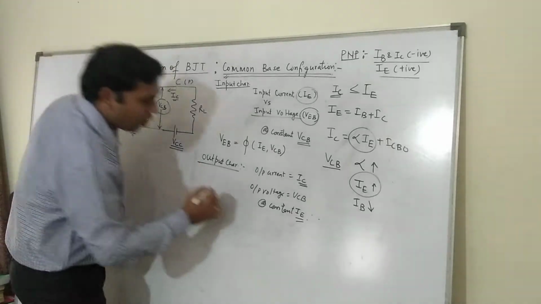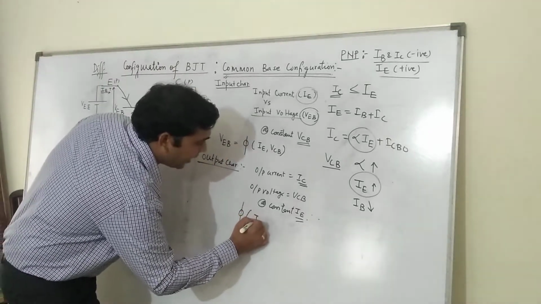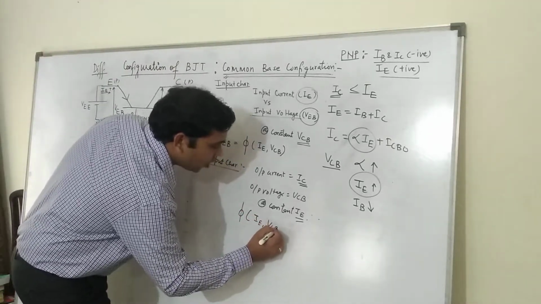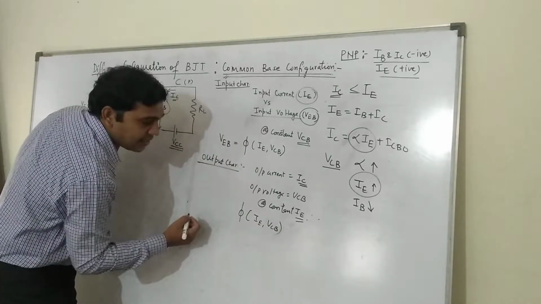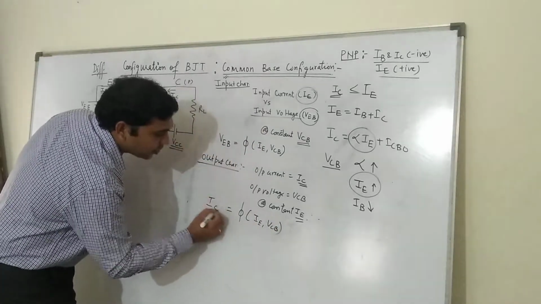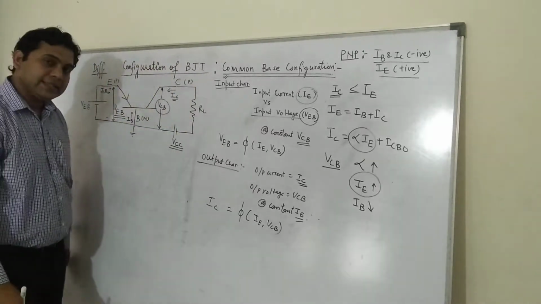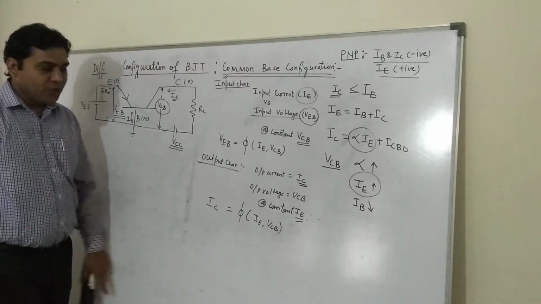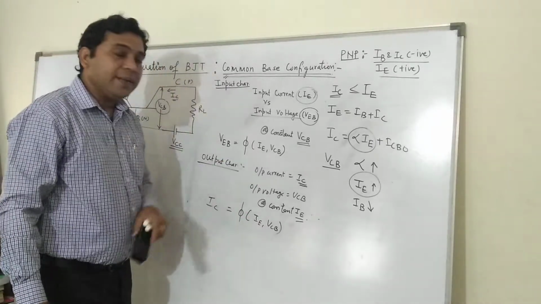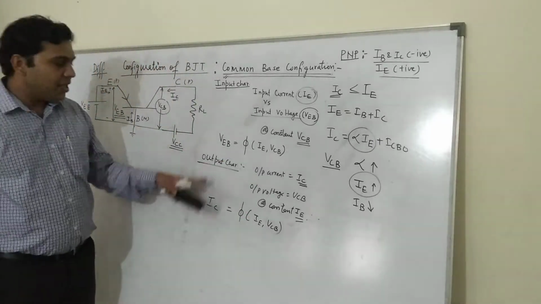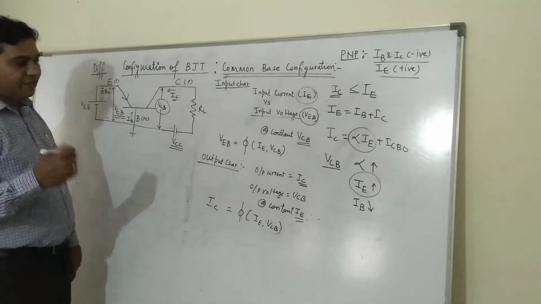So IC is a function of IE and VCB. IE and VCB become the independent variables here, and VEB and IC are the dependent variables here.